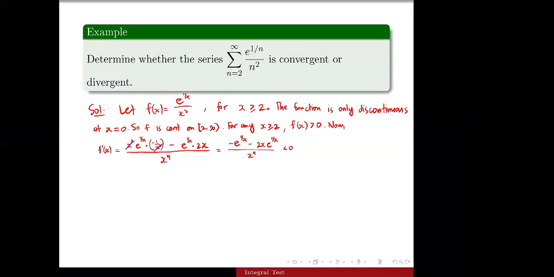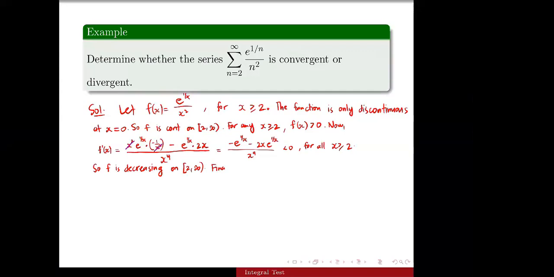So this is negative for all x greater than or equal to 2. So f is decreasing on the interval 2 to plus infinity.